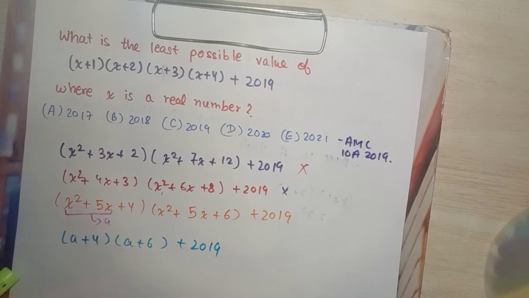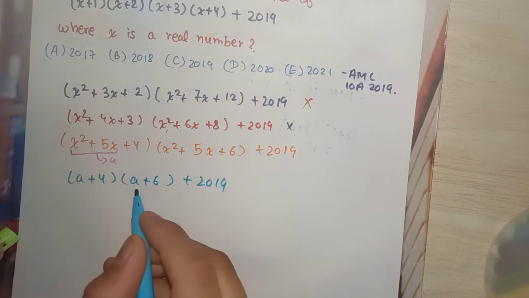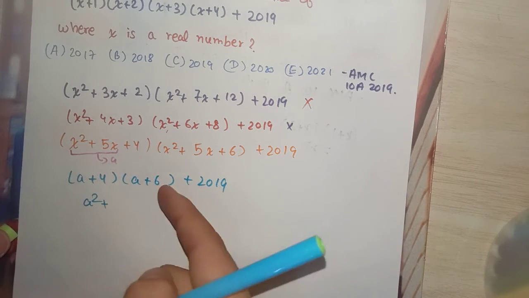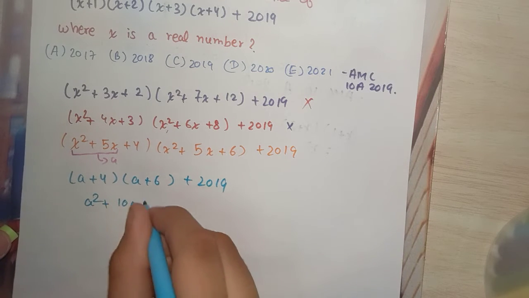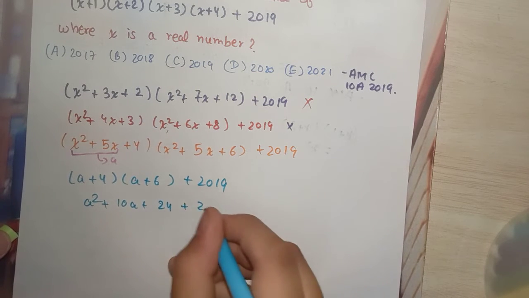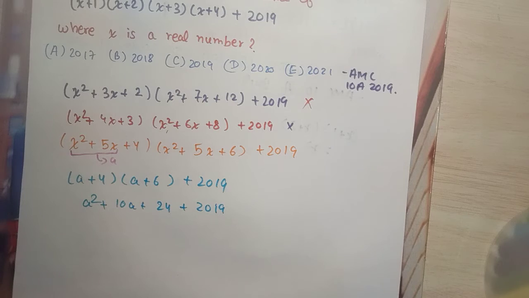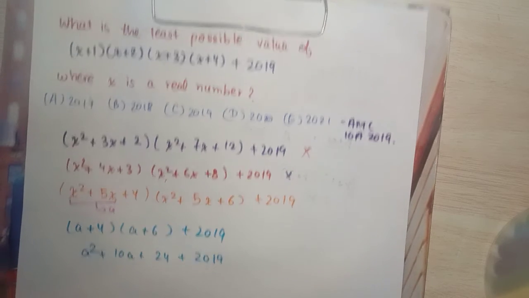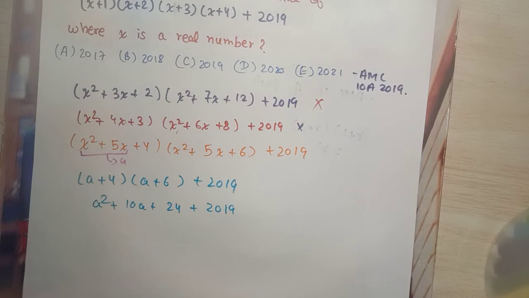And now we can multiply this out. So a squared plus 4a plus 6a, that's 10a, plus 24 plus 2019. Now we are asked to find the minimum possible value, and one of my favorite tricks to find the minimum possible value is completing the square.